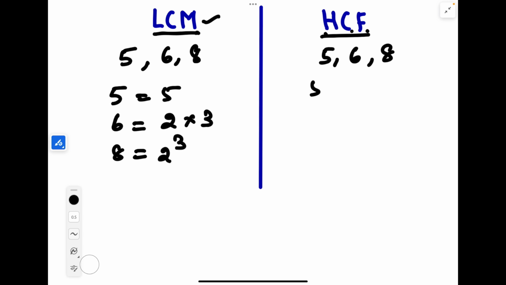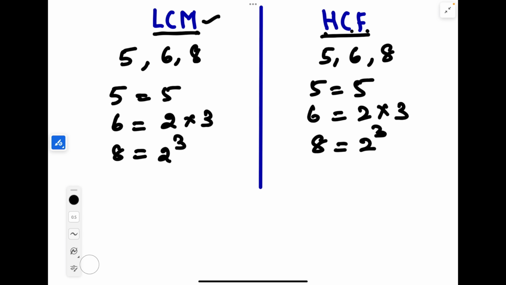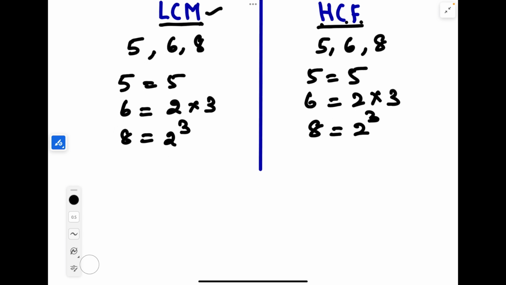Same way, here we will write 6 as 2 into 3, and 8 as 2 cube. So, LCM is common factors with highest exponent. Here we have numbers 2, 3 and 5, right? Here we don't have 2 and 3, I can write it as 2 power 0 into 3 power 0. 2 power 0 is nothing but 1, 3 power 0 is also 1.